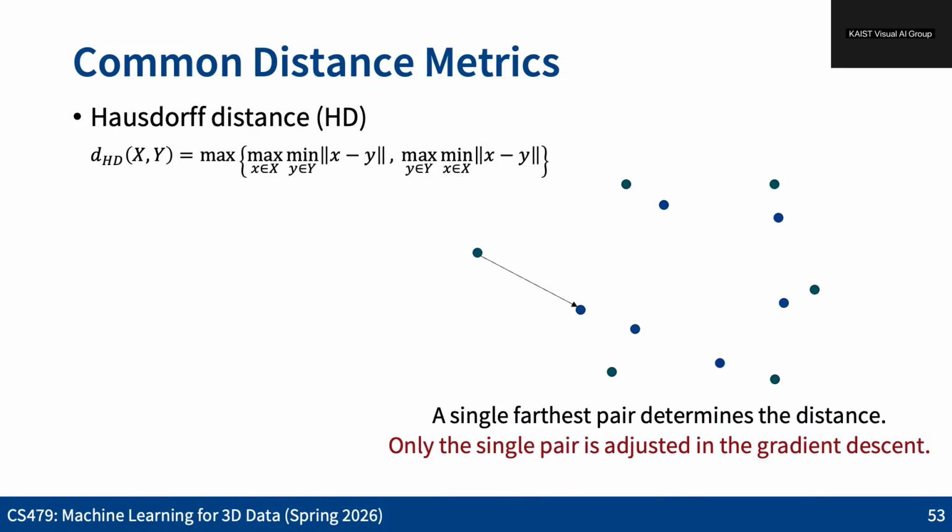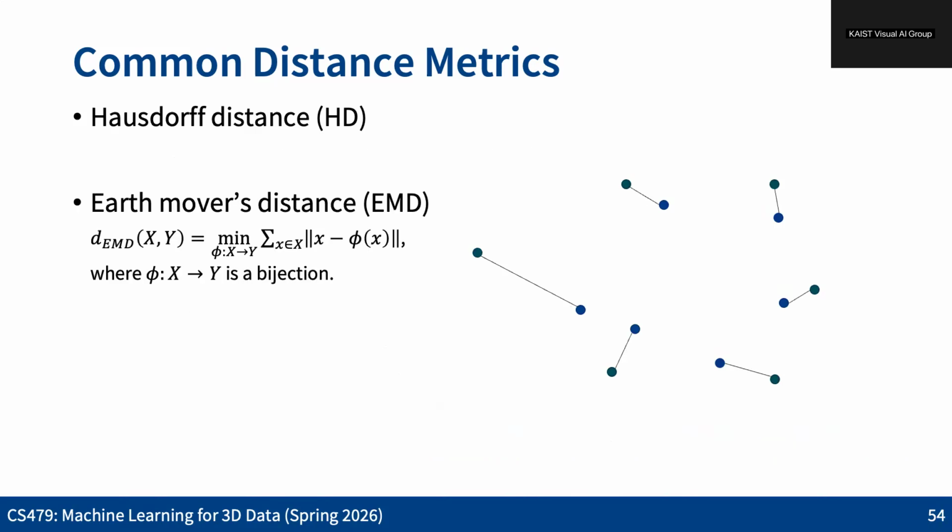So that's why we are also discussing something else, which is the Earth Mover's distance. Here, the idea is that for the points in the point cloud X, we are finding the best mapping in terms of minimizing the sum of the distance. So finding the best pairs.